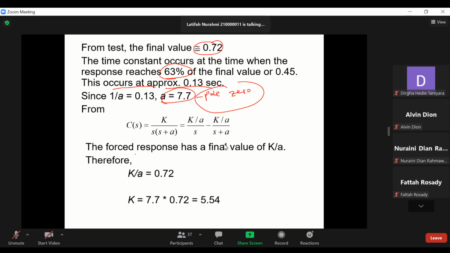So the first order response has a final value of K by a, which is 0.72. So what is K? If you take a look here, the transfer function and the rectangle.